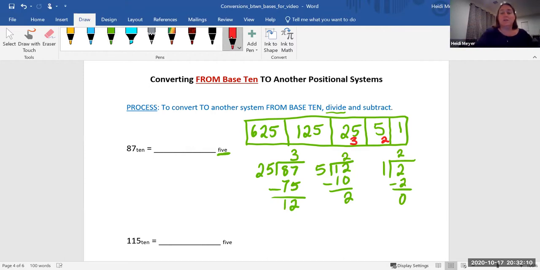And so if I give you 3 quarters, 2 nickels, and 2 pennies, that is 87 cents. So 87 in base 5 is 322. Or, because we can use coins here, I'm going to keep doing it, 3 quarters, 2 nickels, and 2 pennies. Okay, so that's an idea to keep in mind.